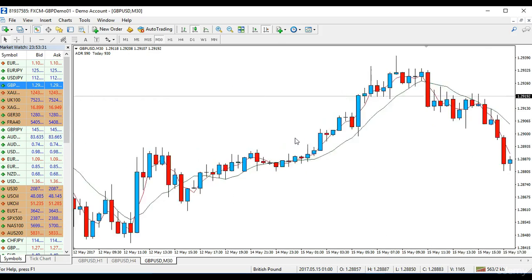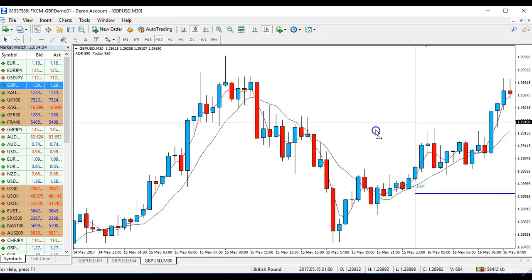For example, when you see this 3 period simple moving average and these candles moving up very, very fast, that tells you there's a lot of energy in the market. In my systems, when you trade, I want to look for a lot of directional energy in the market, because I want to trade in the direction of the market energy. That's what I use these indicators for.